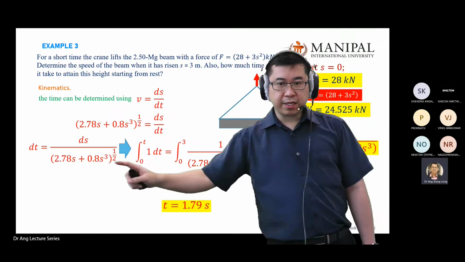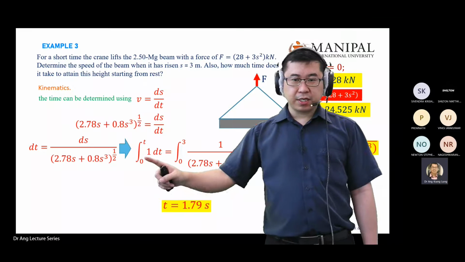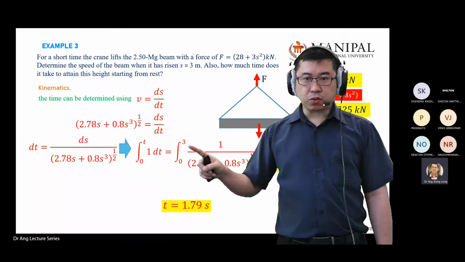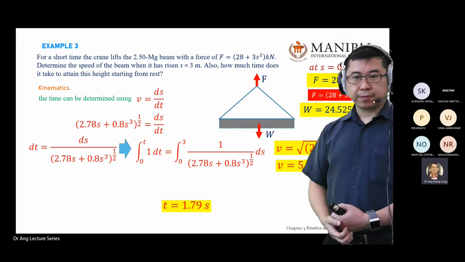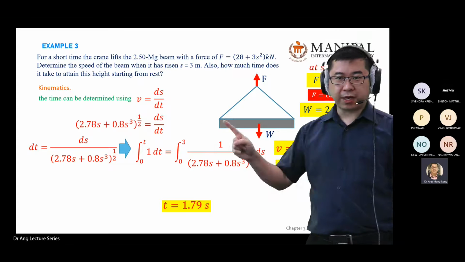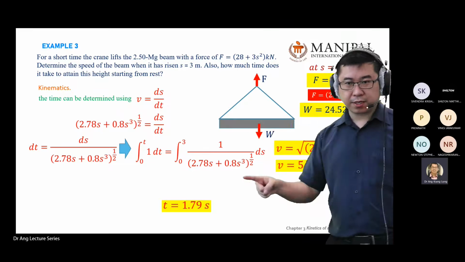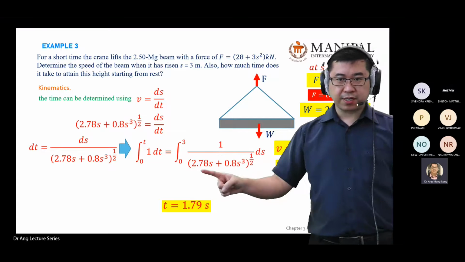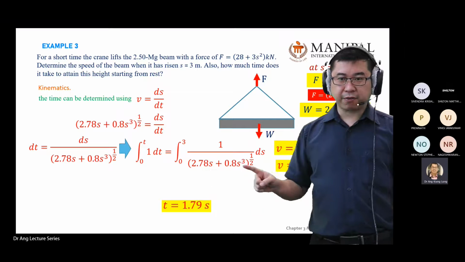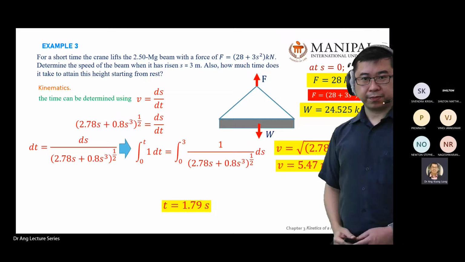Okay, you get this form. Remember, if you add an integration, there's always 1 in front of the dt. So you integrate from 0 to t. Here you integrate ds from 0 to 3 meter. For some integration steps here, you need to open up your advanced mathematics or Maths 1 or Maths 2 when it comes to the integration chapter. You need to integrate a quadratic fraction with square root.